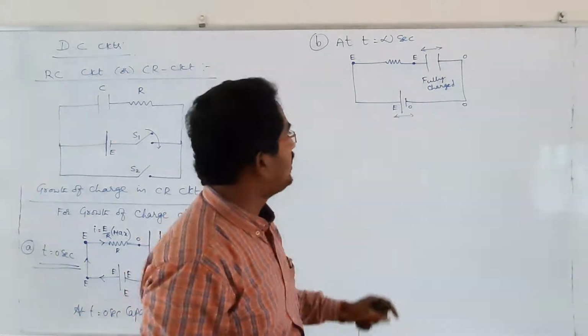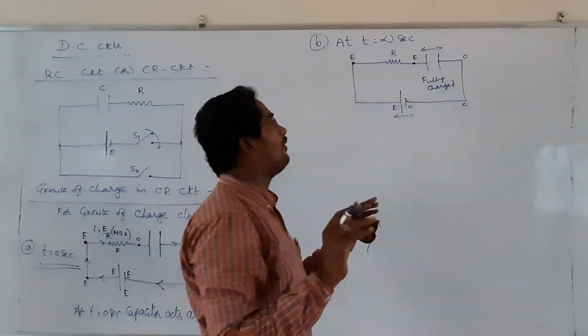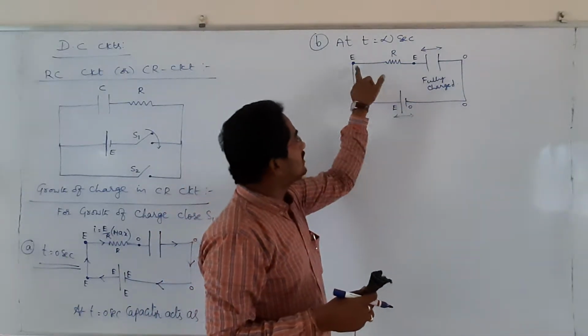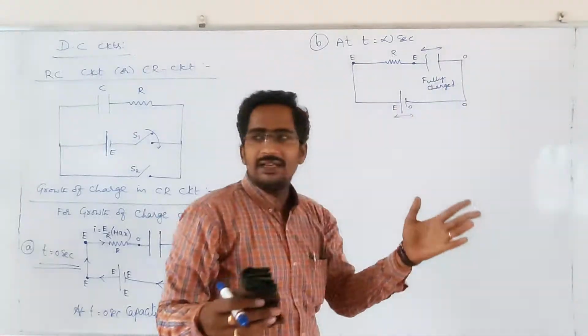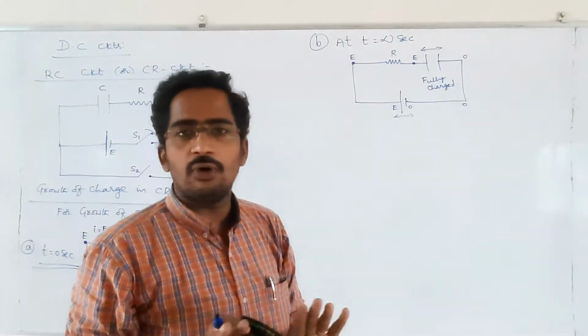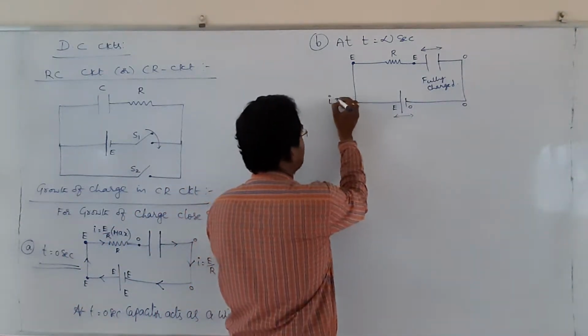Through this resistor, will current flow now or not? What is the potential difference across the resistor? E minus E is 0. By that, current does not flow. So no current flows here at infinity seconds.